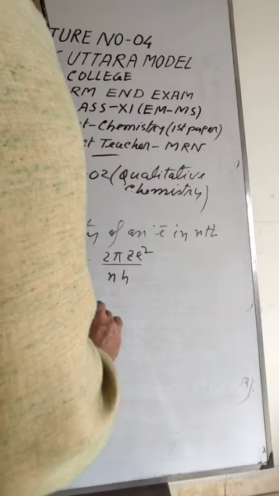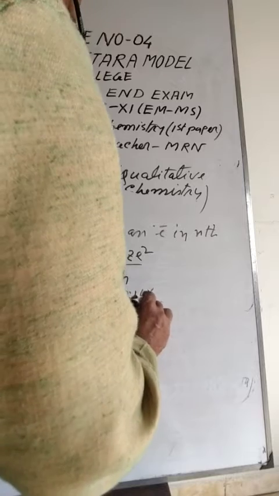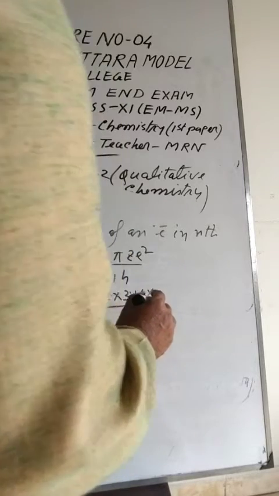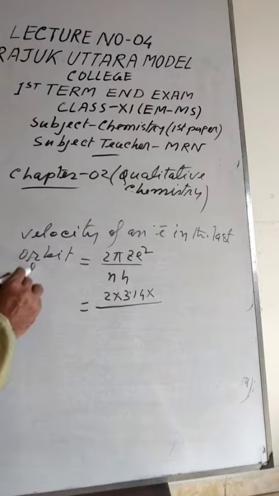If we put in the values, 3.14, it is for the case of chlorine, the velocity of an electron in the last orbit of chlorine.